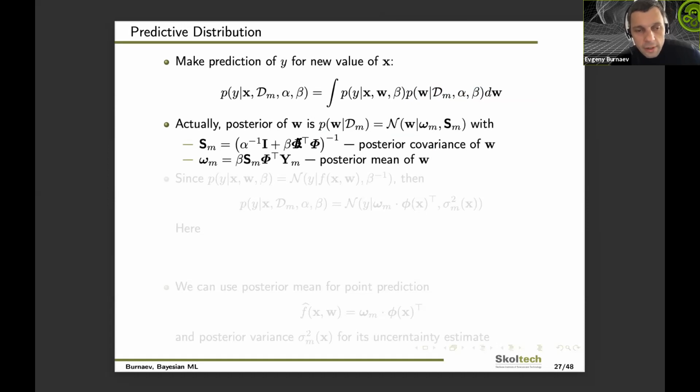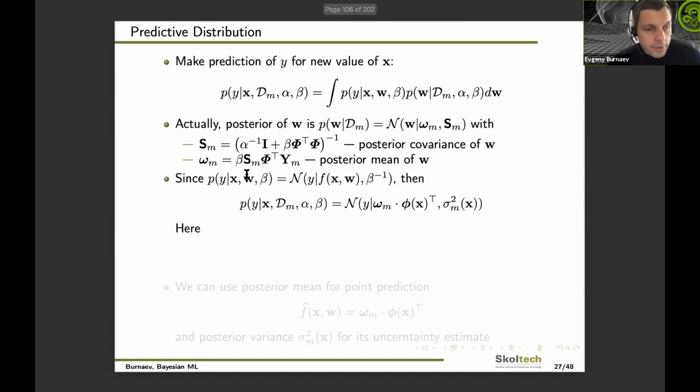This is what we have proved. Because the distribution of y given x is also Gaussian, and here the function f is linear with respect to the vector of parameters w, it's obvious that when I integrate the Gaussian distribution, whose mean depends linearly on the vector of parameters w, with respect to the Gaussian posterior distribution, then I again will get a Gaussian distribution.